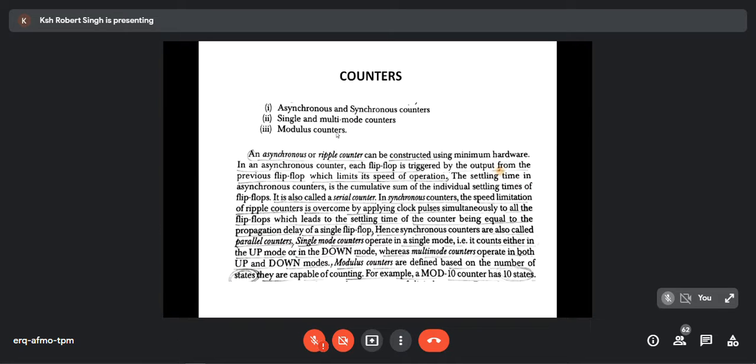Mod 8 means it can have 8 different states. Mod 10 can have 10 different states, so 0 to 9 is 10. Mod 5 means 0 to 4. That is called a modulus counter.